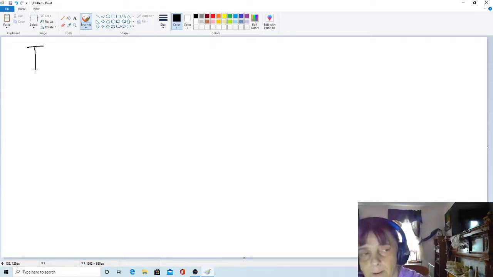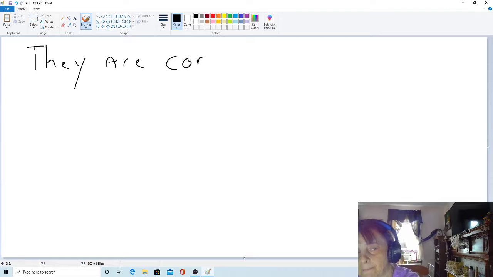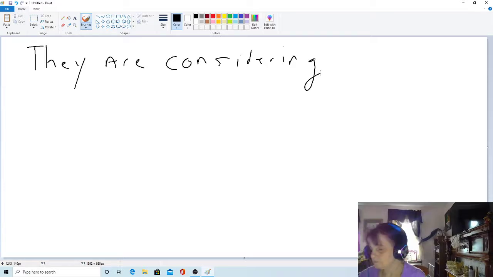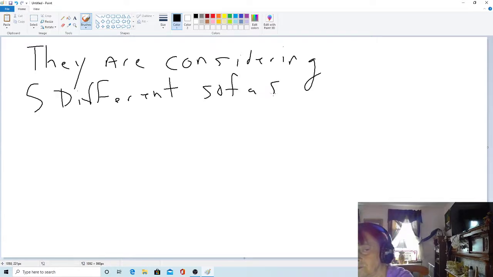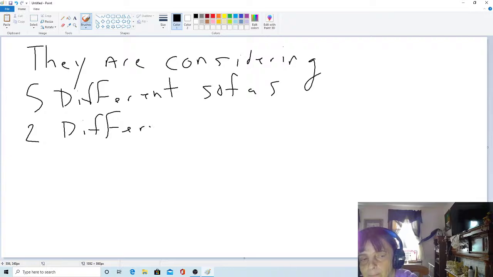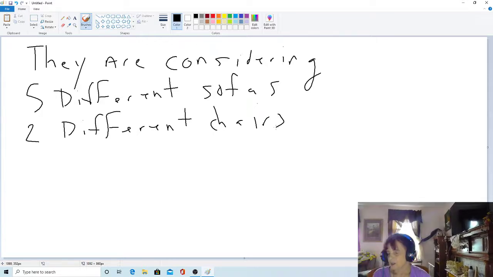They are considering five different sofas, two different chairs, and six different tables.